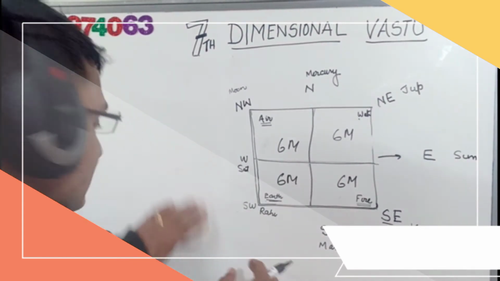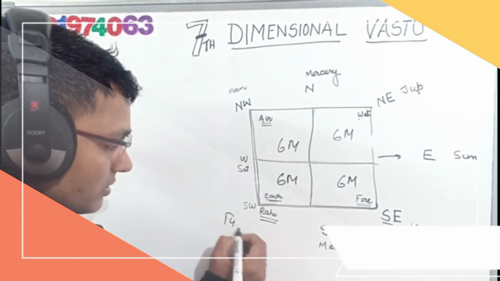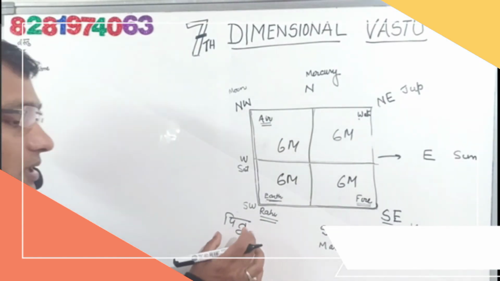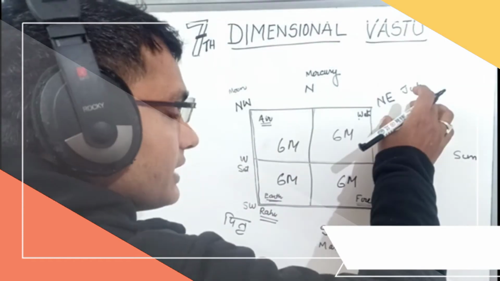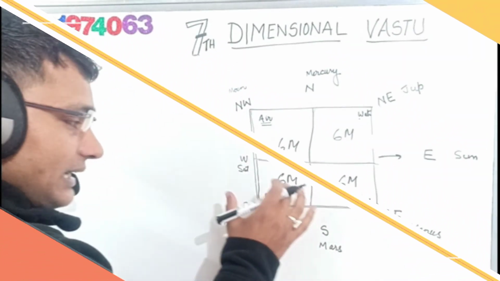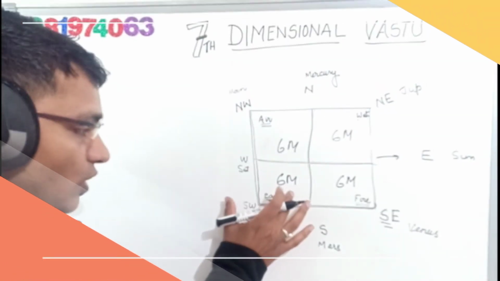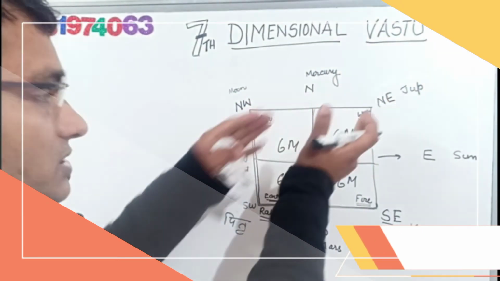Rahu is not bad. Rahu is actually Pitra, your forefathers. Ishanya means the Dev corner, and this is the Pitra corner. It's not exactly negative. It is the corner which gives you the way, moving towards that.